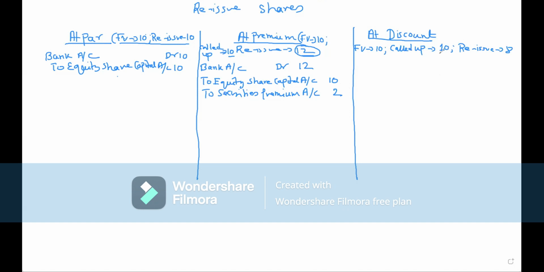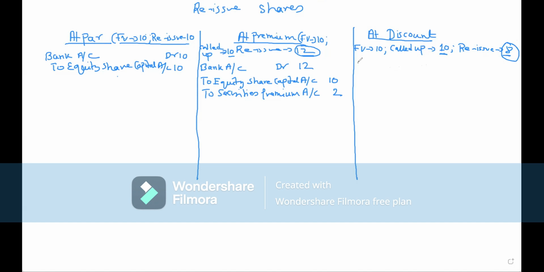Understand? तुमने मांगा कितना 10 and called up was 10 and reissuing them at 8 rupees. That means 10 रुपए का चीज को आपने कितना में reissue किया? At what price did you reissue? 8. Are you reissuing at more than the called up value or less than the called up value? Tell me. Less than the called up. That means you are reissuing at a discount.